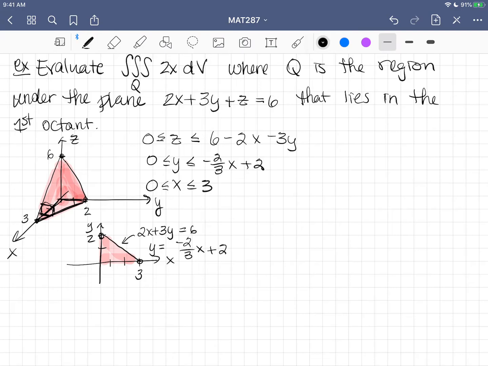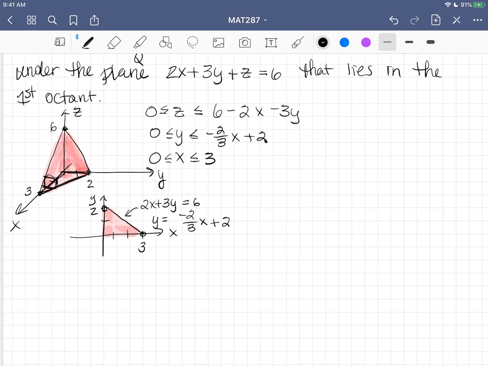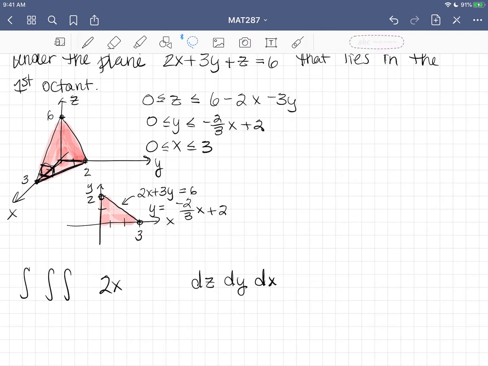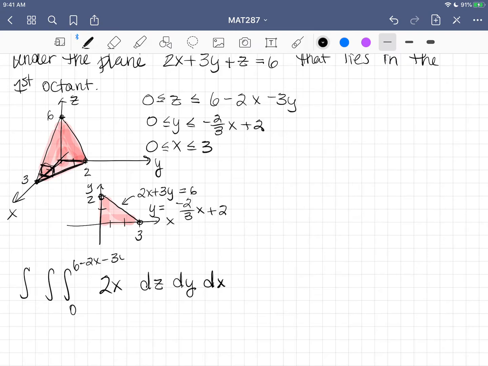Now that I've got those bounds, it's just a matter of setting up my integral. I'm going to have the integral that goes dz, dy, dx, with 2x. The bounds on z were from 0 to 6 minus 2x minus 3y.